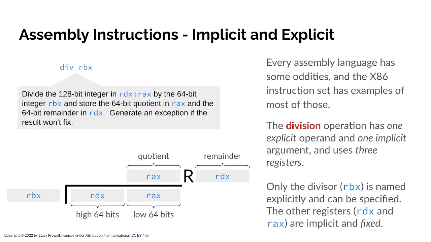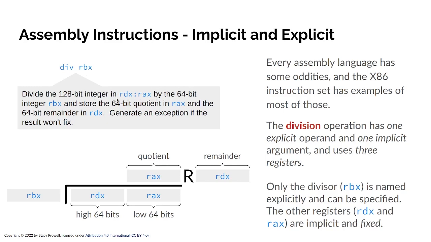All right. Now, here's an example of an instruction that has a lot of implicit stuff going on in it. This is the division operator. And what div rbx up here at the top says is take the 128-bit integer. Now, you may be surprised by that because rbx is just 64 bits. Well, bear with me. Take the 128-bit integer in the registers RDX, RAX.